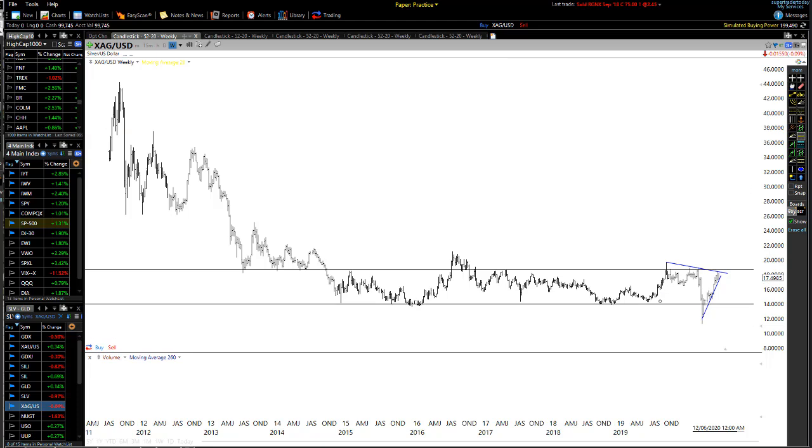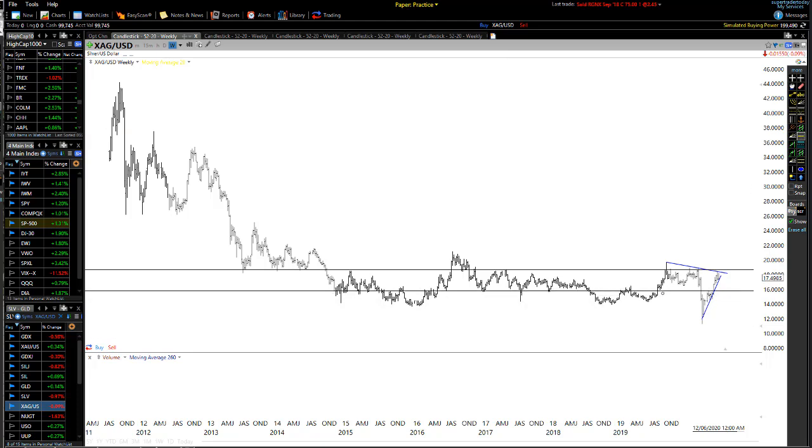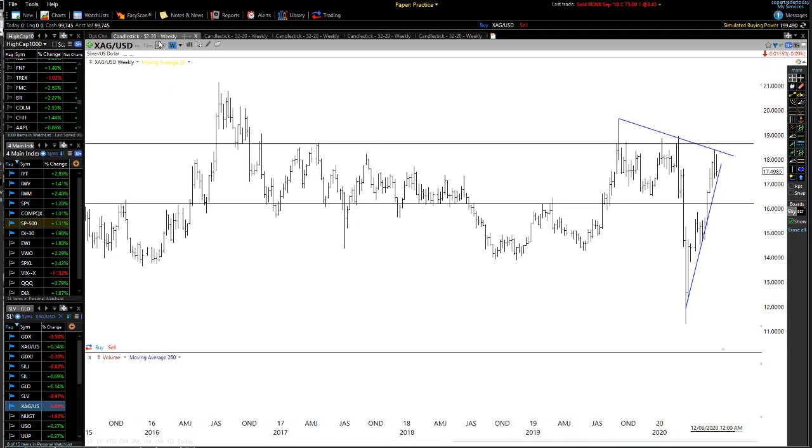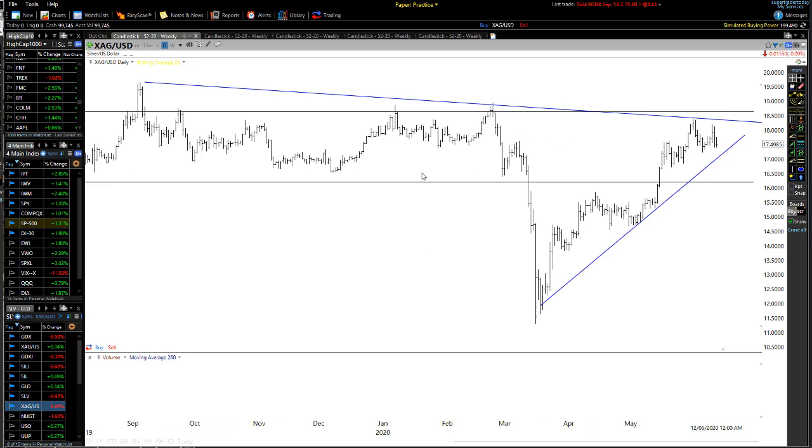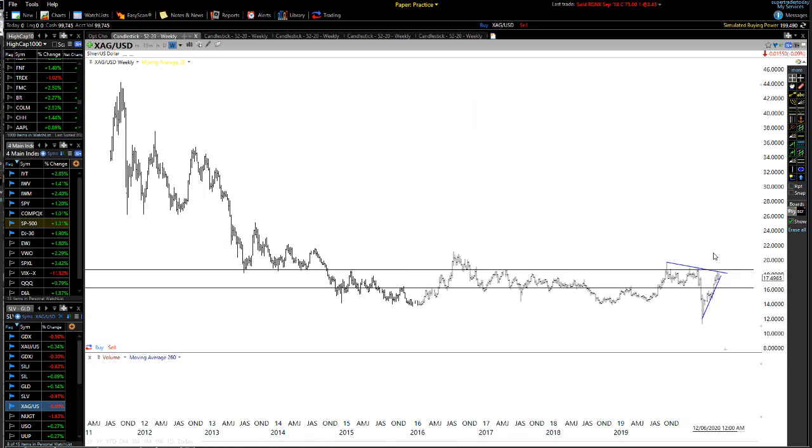There's also major resistance and support around the $16 level. We broke back above it, as you can see. We're squeezing up into this triangle pattern in silver, so I truly believe we're likely to see a very nice breakout. Even if we get a bit of a drop to the downside, it's probably likely to be short-lived. Silver's looking really exciting.